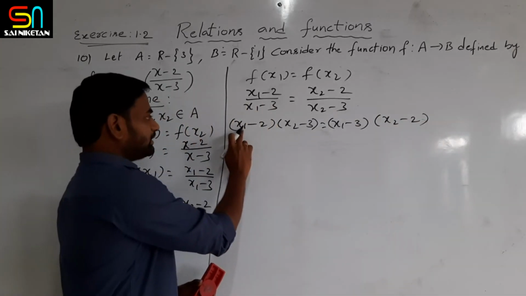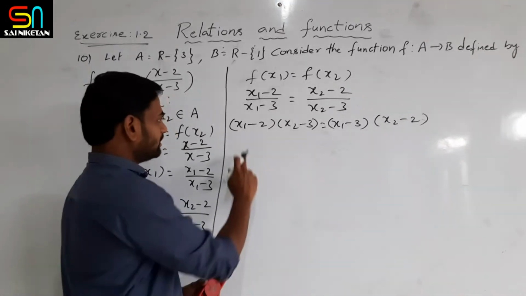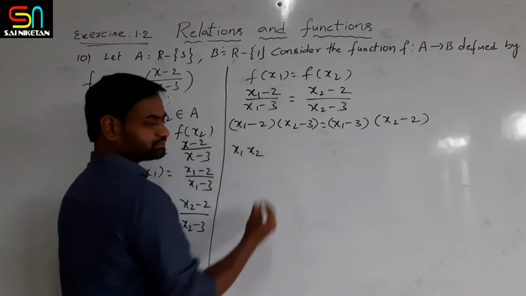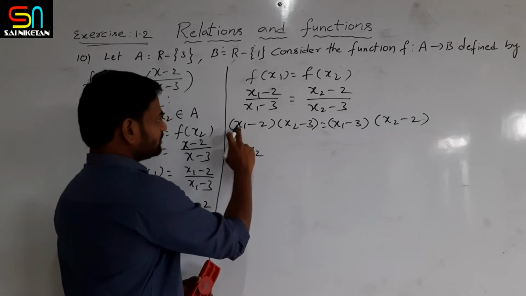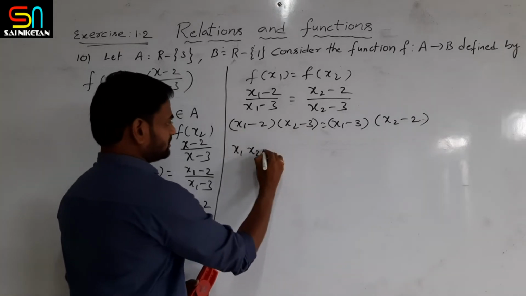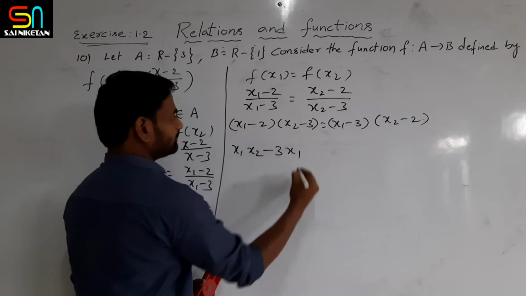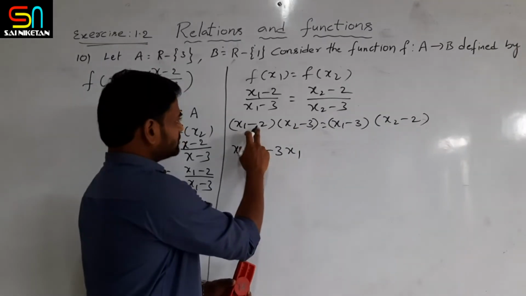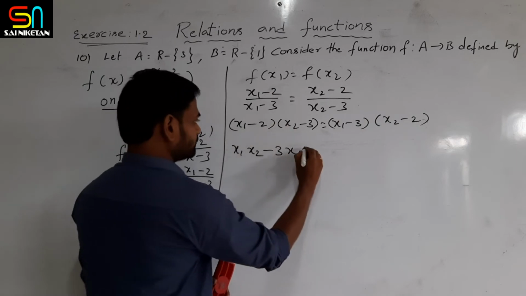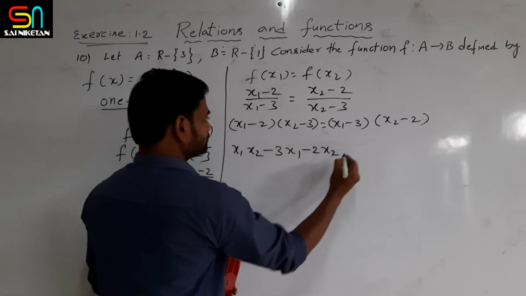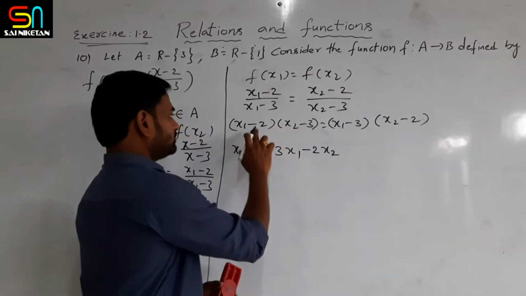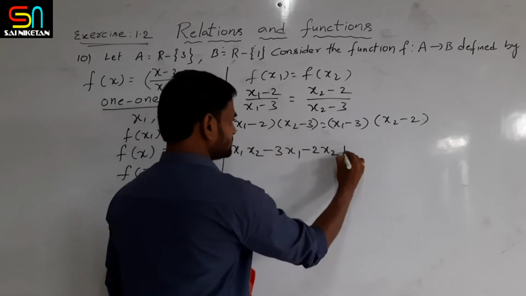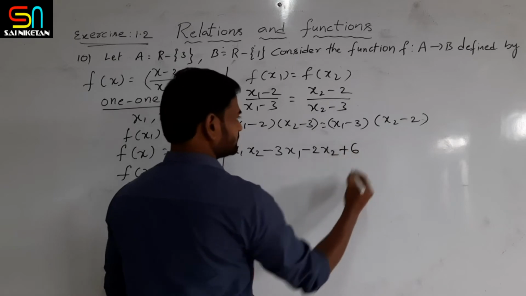Now multiply by x1: x1 into x2 is x1x2, next x1 into minus 3 is minus 3x1, with x1 complete. Next with minus 2: minus 2 into x2 is minus 2x2, next minus 2 into minus 3, minus into minus is plus, 2 into 3 is 6.